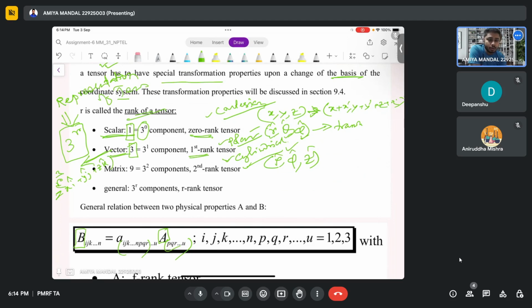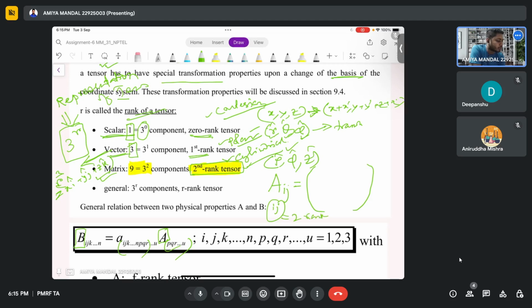But what are the components in a matrix form? A matrix is called a second rank tensor. In a second rank tensor, 3 to the power 2 gives us 9 values, meaning there are 9 components. Suppose a tensor A is represented as A_ij, this is a second rank tensor, the rank value is 2.